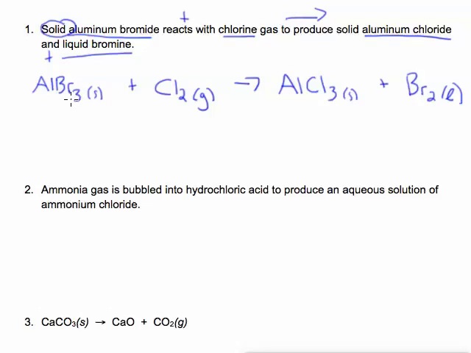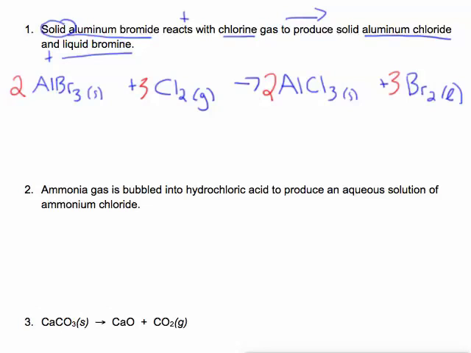So we put a 2 here. That gives me 6 bromine and 6 bromine. Now to balance our aluminum, we put the 2 here, which now gives me 6 chlorine and 6 chlorine. So now we have a complete balanced equation that we got from that word equation.